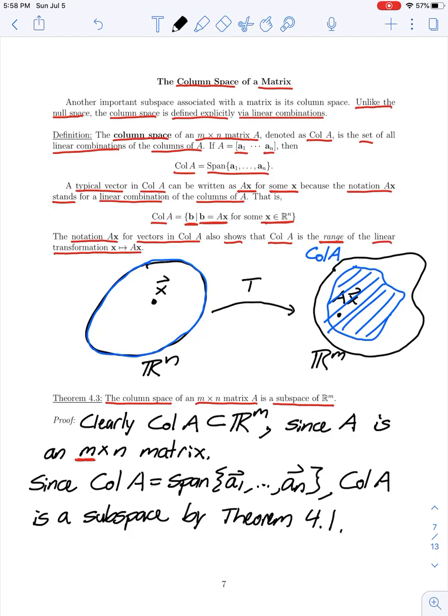So we get our result directly by applying theorem 4.1 and realizing that for an m by n matrix, the elements of the column space must be in Rm. Since the column space is a spanning set for a set of vectors, then by theorem 4.1, it is itself a subspace.